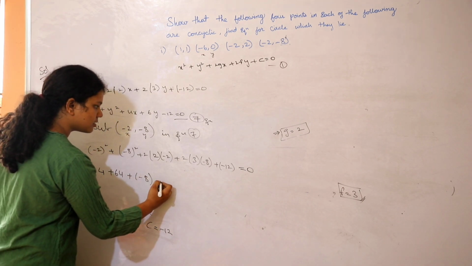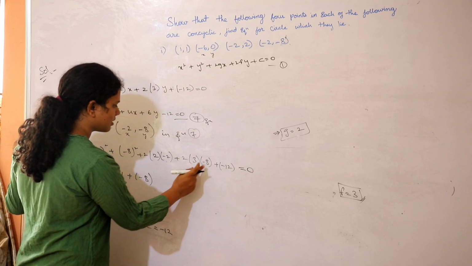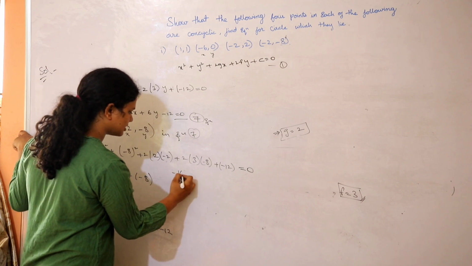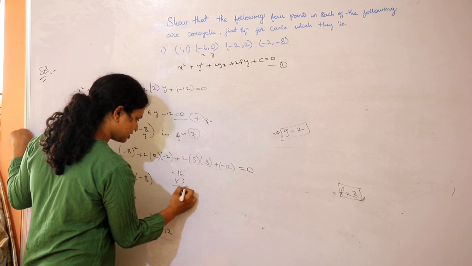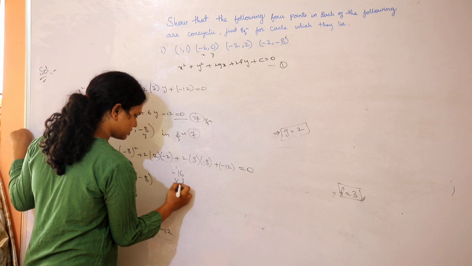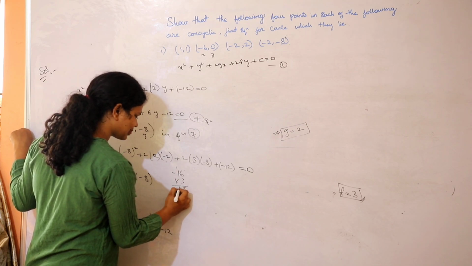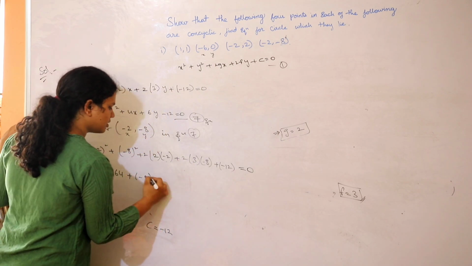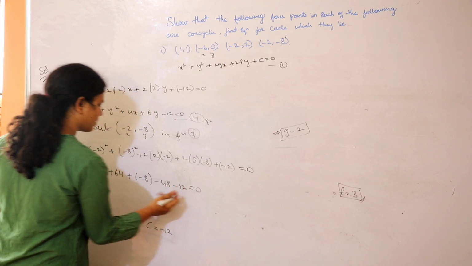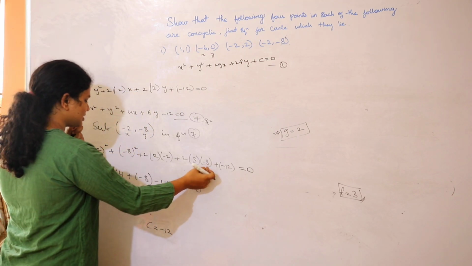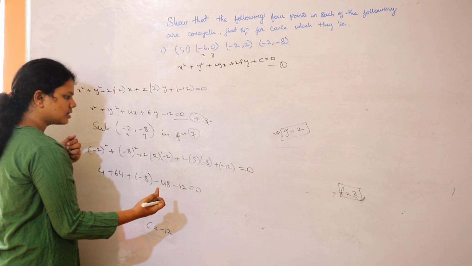Minus 16 into 3. 8 times 2 is 16, and 16 times 3 is 48. So minus 48, minus 12. Okay, so guys, this is 8 into 2, 16, 16 threes are 48. This is true.